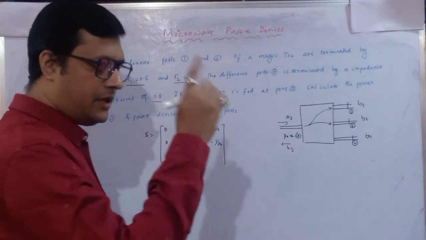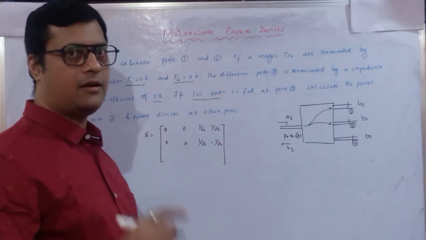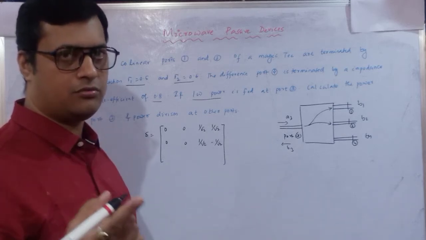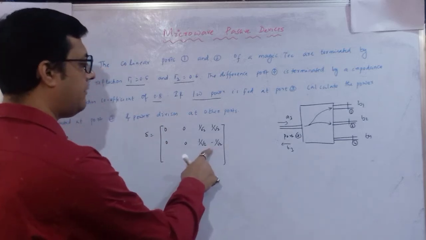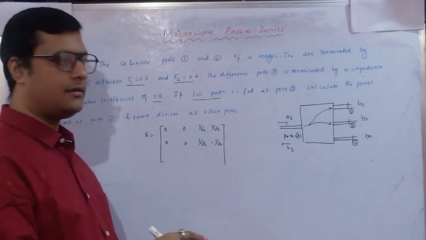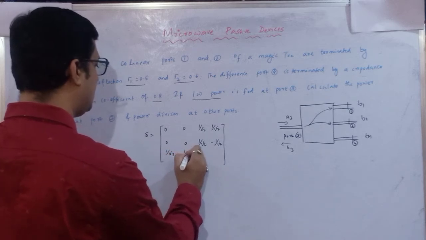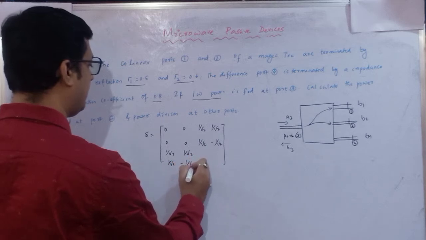In the previous discussion, the minus sign was here. Why? Because in that case we gave the power at port 1 and port 2. Here we have given the power at port 3, so a negative sign will come here. Directly I am writing. Next one is 1 by root 2, this is also 1 by root 2, this is also 1 by root 2, and this is minus 1 by root 2.